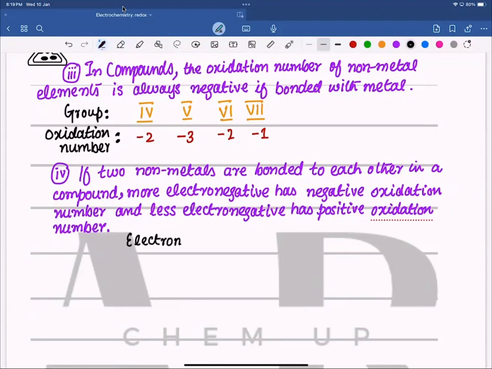So in bonding, we have discussed the electronegativity and we discussed the electronegativity order. First, the most four electronegative elements. Can anyone recall?